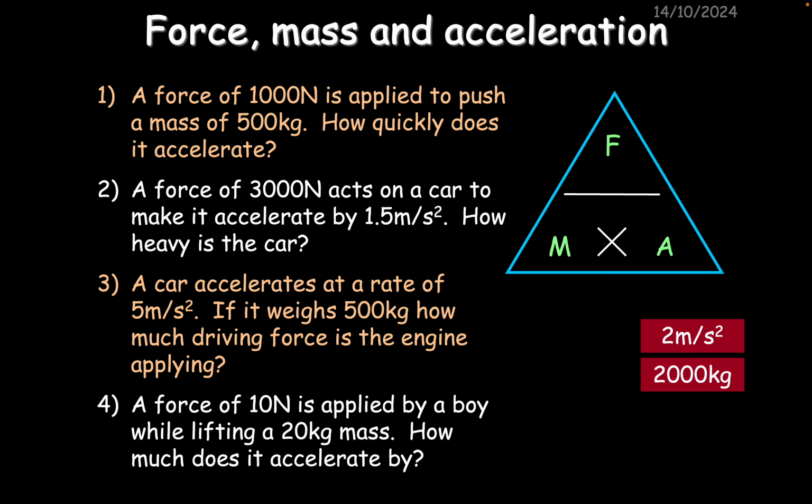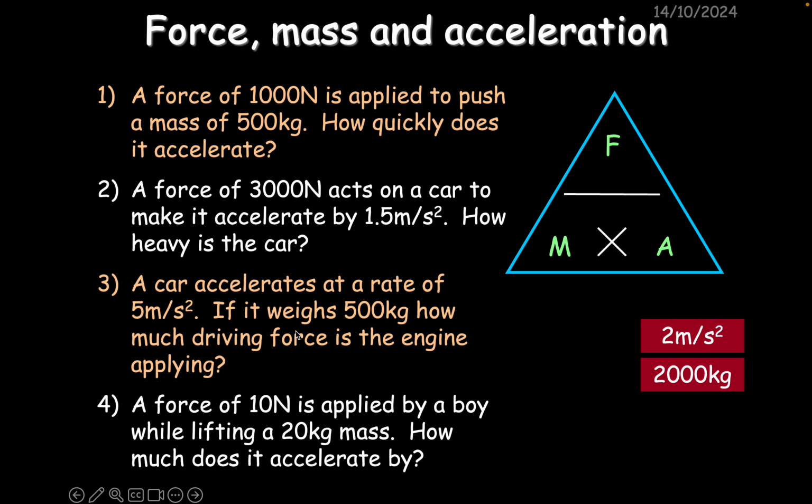Same for number 3. If you want to pause the video, try and do it on your own, you can. If you pause it now, you won't hear what I'm going to say, and then you won't see the answer until you've done it. For number 3, they're giving you the rate of acceleration, so you know A, you know M, they're giving you the weight as being 500 kilograms, and they want to know what is the resultant driving force which the engine is applying when taking into consideration any air resistance.